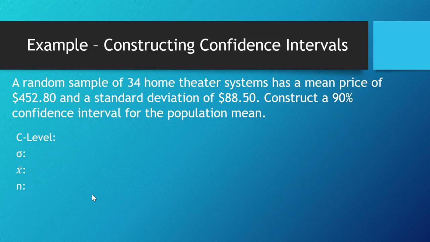All right, so our confidence level, 90%, so we're going to put 0.9 as our C level. This is the standard deviation, which they told us was 88.50. X bar is the sample mean, that's 452.80. And then n is the sample size, which is the 34 home theater systems that they looked at.